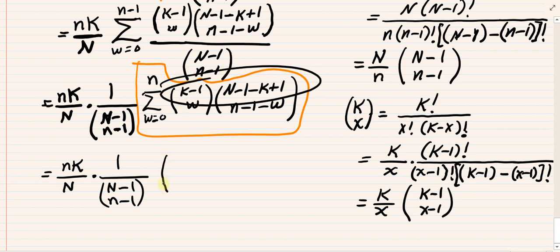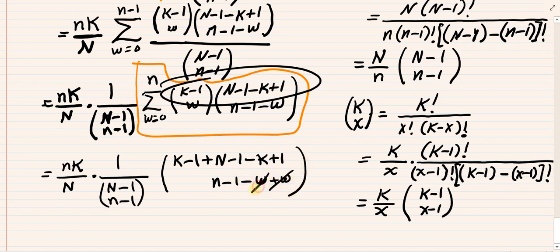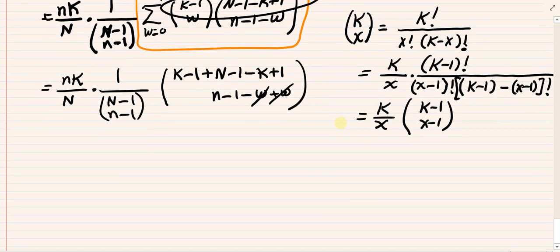So it's going to be the combination of k minus 1 plus n minus 1 minus k plus 1 over simply n minus 1. There we go, minus w plus w, if you will. But that's just going to be n minus 1. And this is going to be nk over n, 1 over n minus 1, n minus 1.